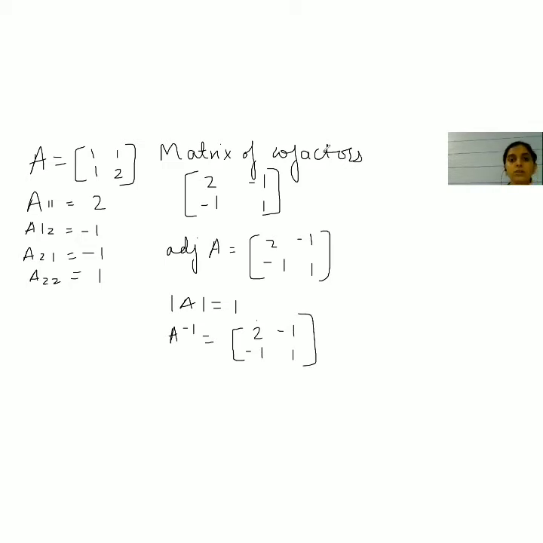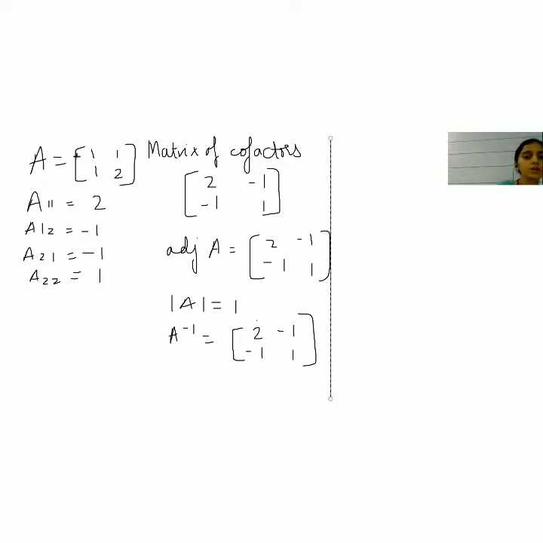Okay, we'll do the same thing for B and we'll do it here only, so that it's on one page. Matrix of cofactors. We require the B matrix.